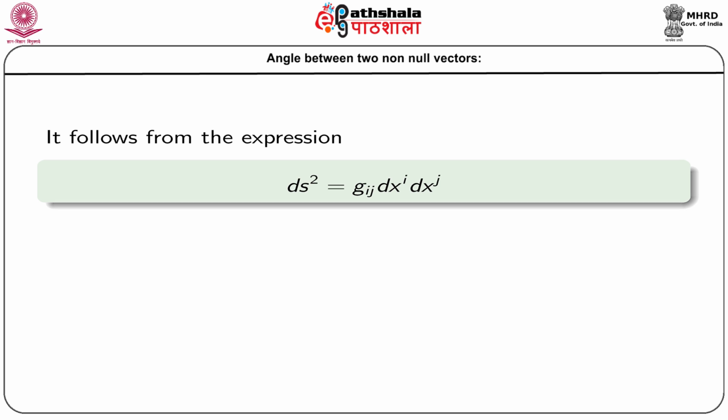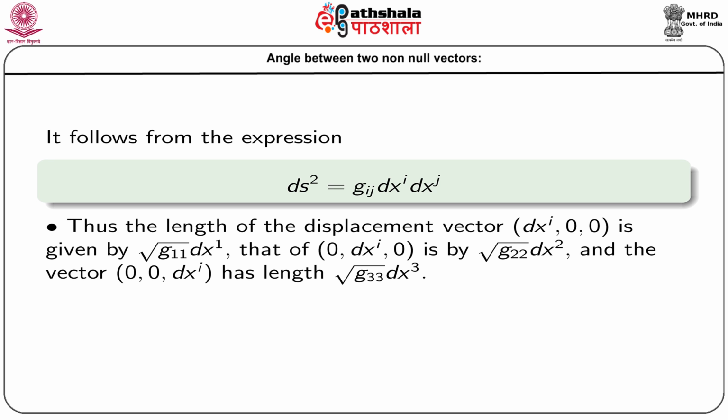Now, from this expression, ds² = g_ij dx^i dx^j, that is the distance formula for Riemannian space, we get that the length of the displacement vector (dx^1, 0, 0) is given by root over g_11 dx^1, as the other components are 0.